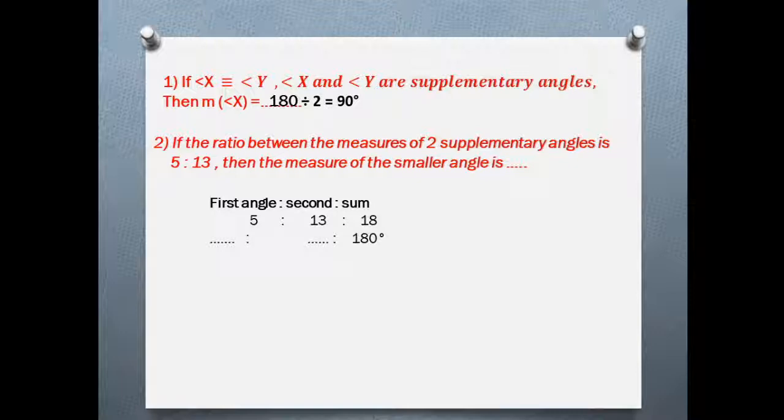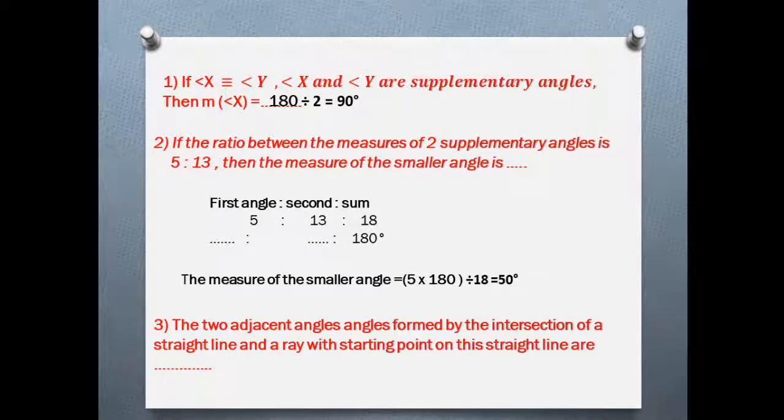Supplementary angles means the sum of the two angles equals 180. He wants the measure of the smaller angle. The smaller angle is 5. Then we will find the first angle: 5 times 180 divided by 18. The answer will be 50 degrees.